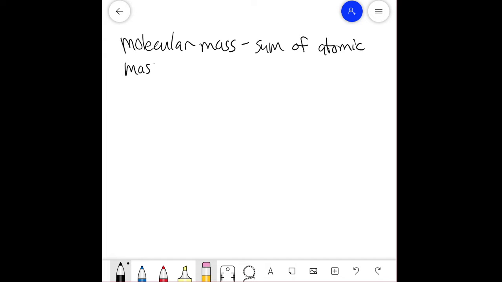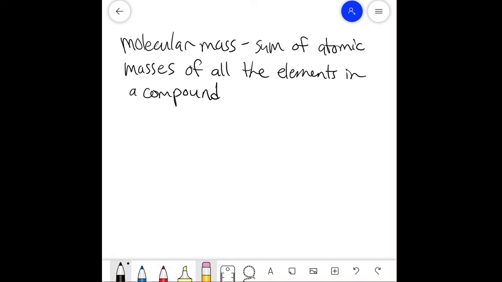So let's start with molecular mass. Molecular mass is the sum of the atomic masses, which is just those masses on the periodic table, of all the elements in a compound.